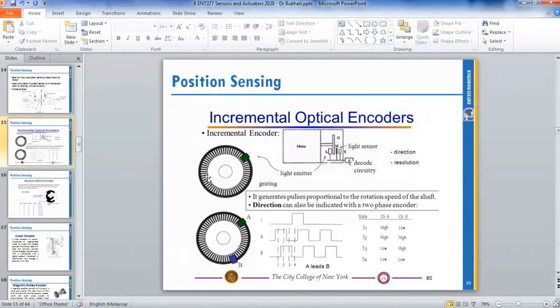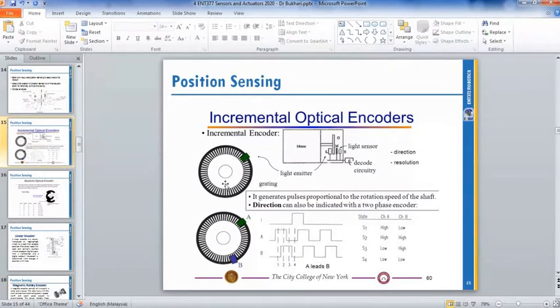For example, you have 200 slots or 200 windows. That means you can count 1.8 degrees. Because one rotation is 360 degrees. This is important. Maybe the question asks, what is the resolution of this sensor?